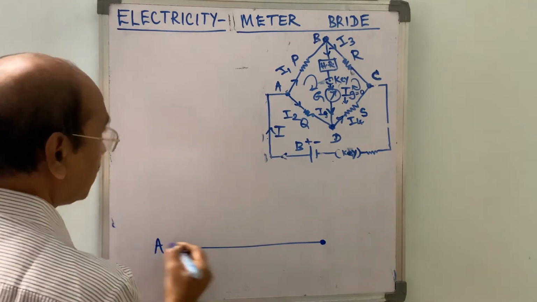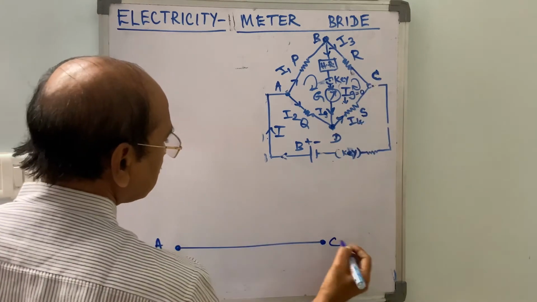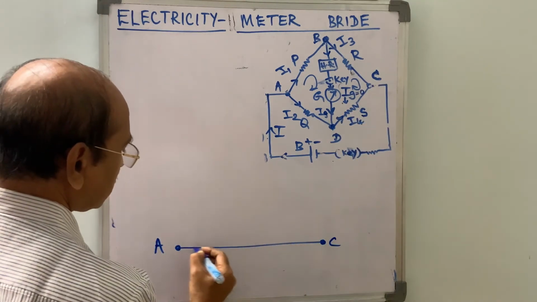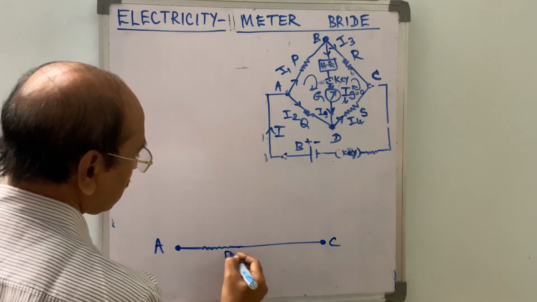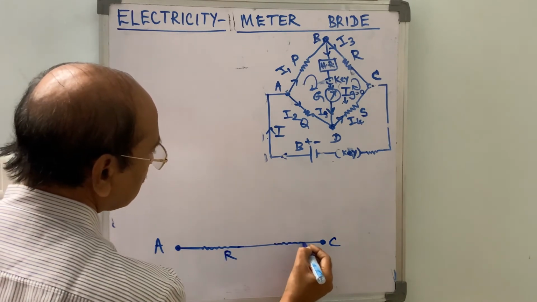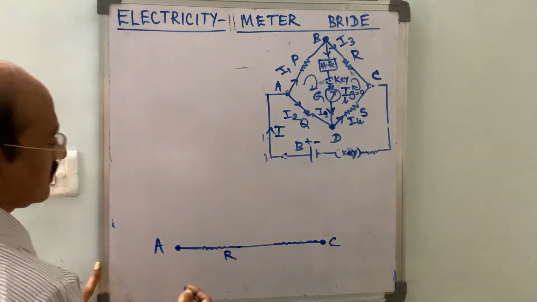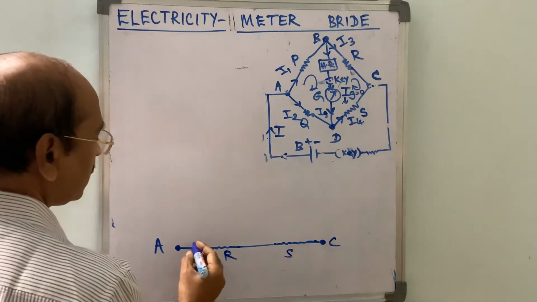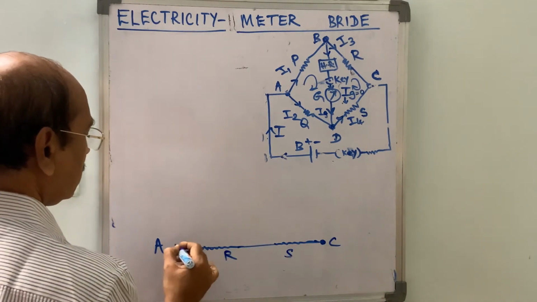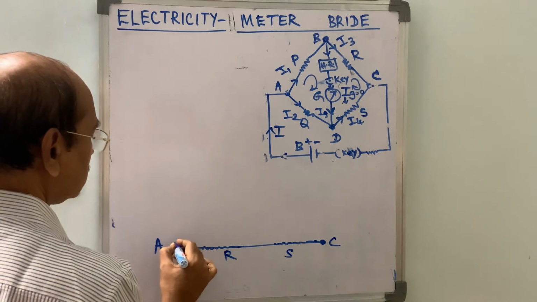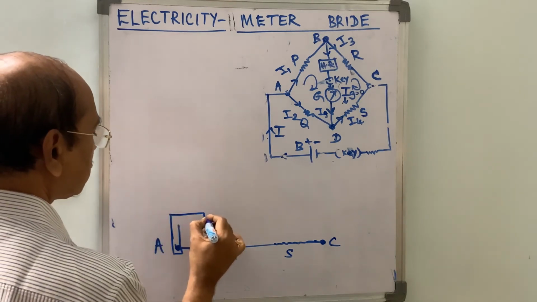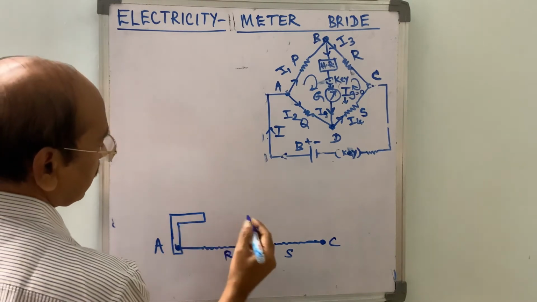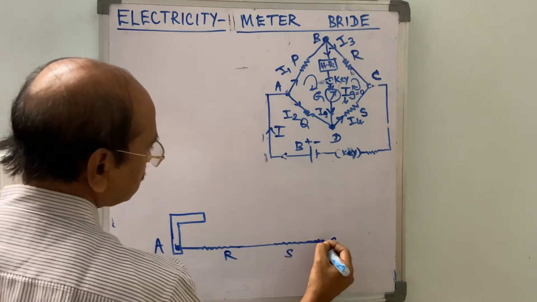Let this be A and C. This wire is nothing but the resistance, R and another part S. There are two metallic strips like L shape.